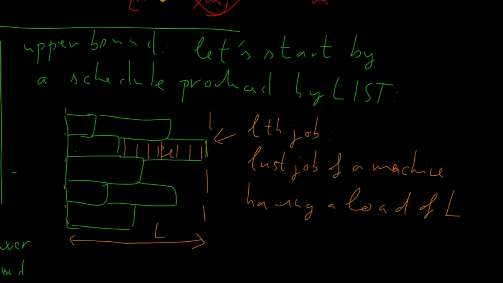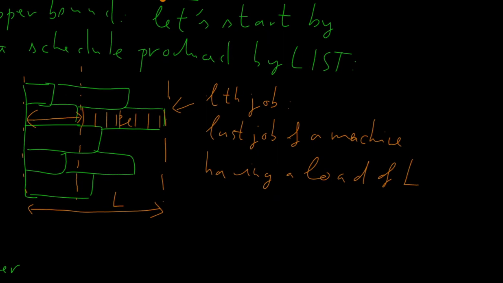Okay, and just consider this part of the input. At the time point when I just scheduled PL onto this machine, the second machine in this example, all the other machines had at least the same load, because otherwise I would have put this job onto some other machine.